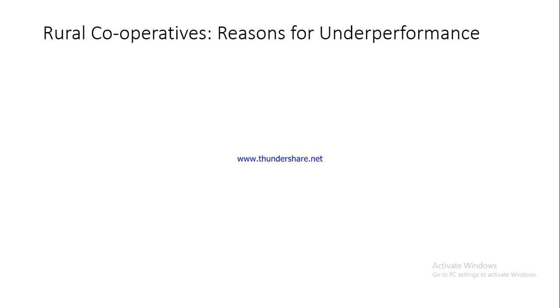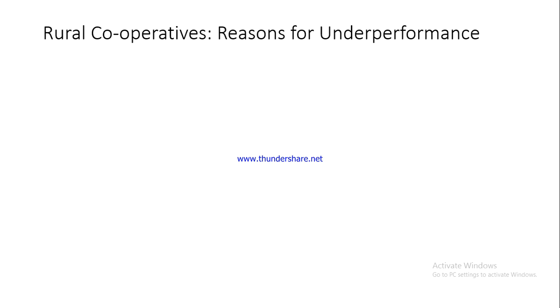Now we need to understand that there are some reasons for underperformance of rural cooperatives. Rural cooperatives have not really done well in India, and there are some reasons which have not allowed the rural cooperatives to perform well.